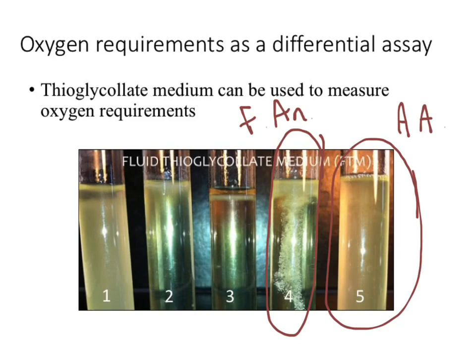And what differences do you observe? What's different about the growth pattern between facultative anaerobes and aerotolerant anaerobes? No, that's actually growth. That's bacterial growth. But you're starting to hit on something that's pretty important there.